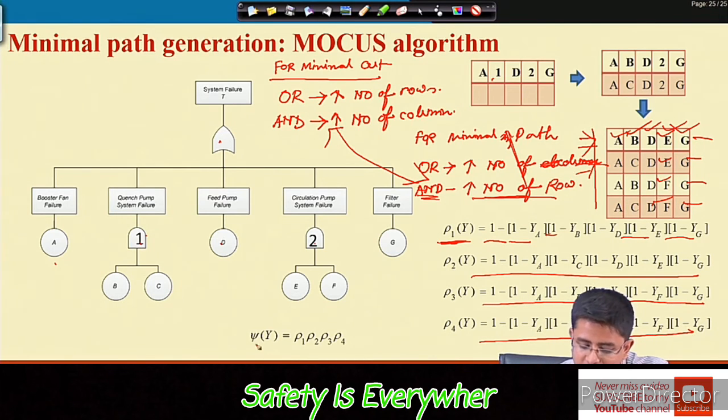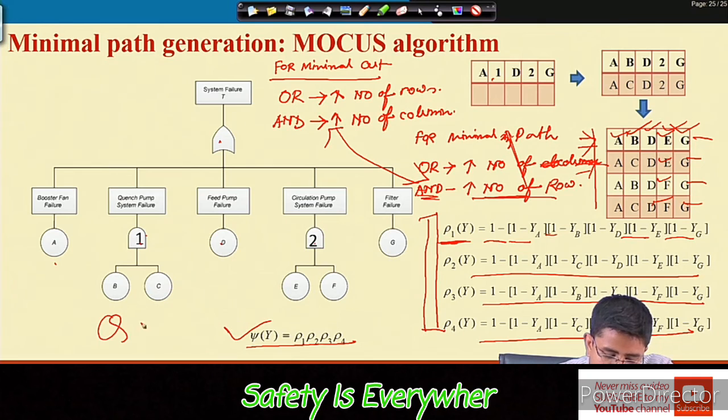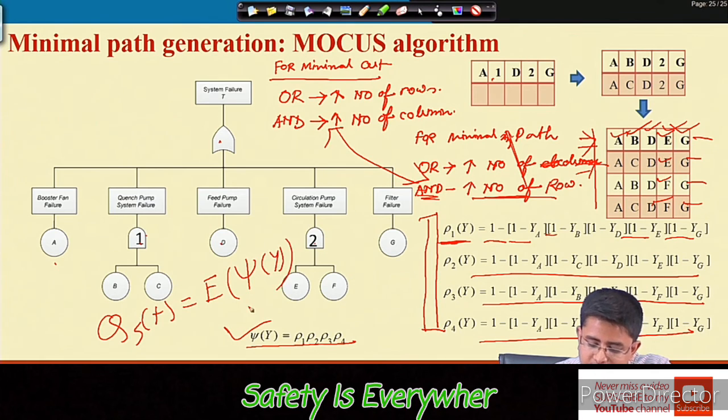Then you have to calculate the structure function. How? Multiplication of all the path structures. When you get this value, for calculating unavailability, you just take the expected value of this and you will get the value.